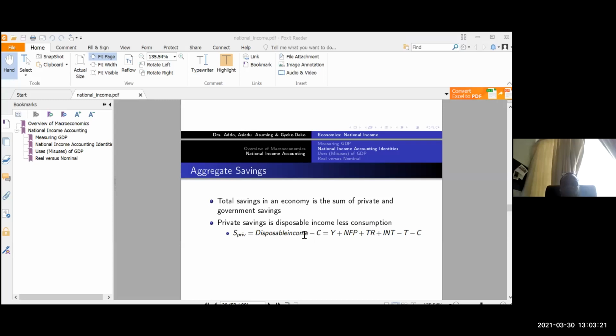But from the equation before, disposable income equals Y plus NFP plus TR plus interest payments minus taxes, minus, now we are doing minus consumption. So the old equation for disposable income ends at minus taxes. But for private savings, how much you save is after you've consumed, so minus C. Okay. I hope that is clear.